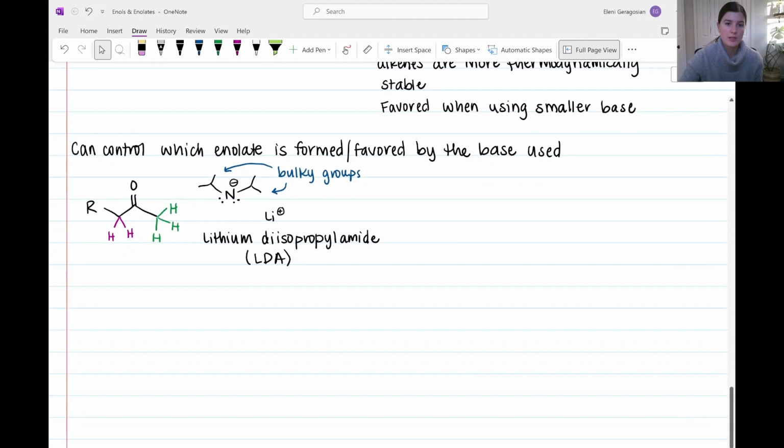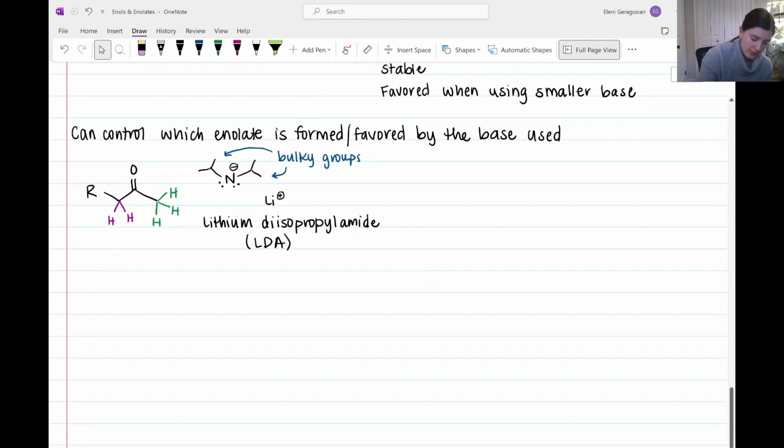So since the LDA is bulkier, it is easier for it to remove one of these 3 hydrogens at the end of the chain. We'll show the electrons going to the carbon. It's more difficult and less likely for the LDA to come and remove one of these hydrogens from the CH2 group because there's this R group blocking access to those hydrogens there.